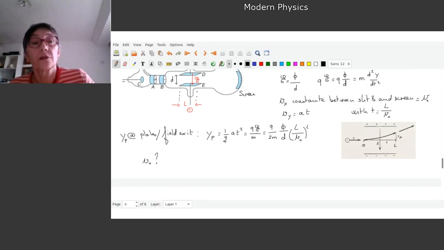You could say maybe we can know it from this electric field, but you don't know the velocity of the electrons when they are ejected from the cathode. So there is a very easy way to measure this V naught. Do you have any idea how it can be done?